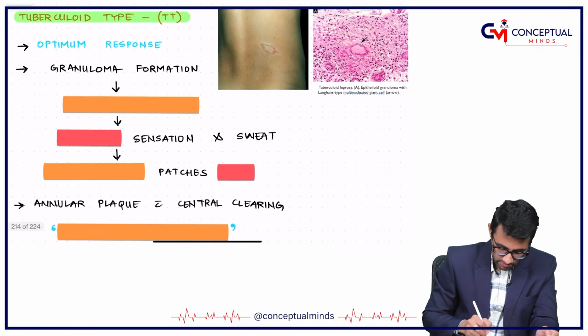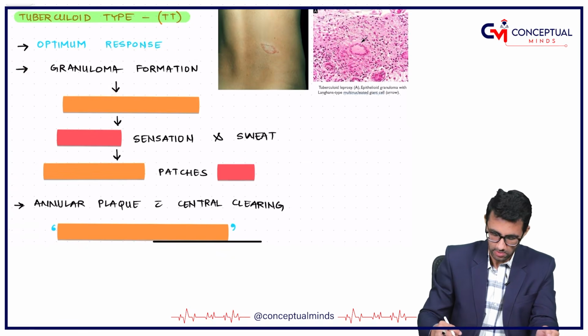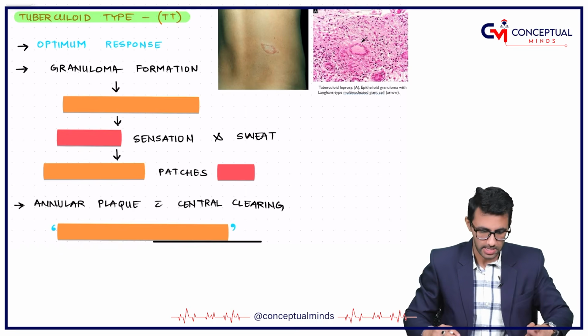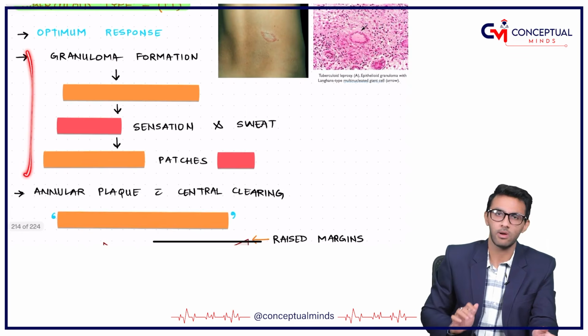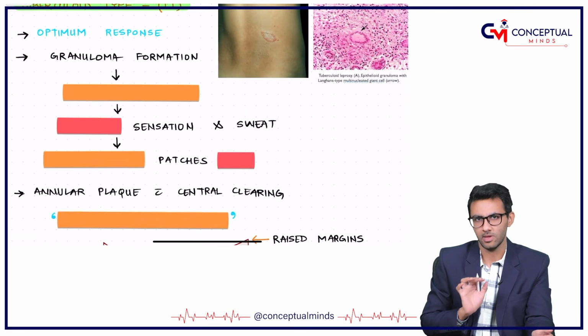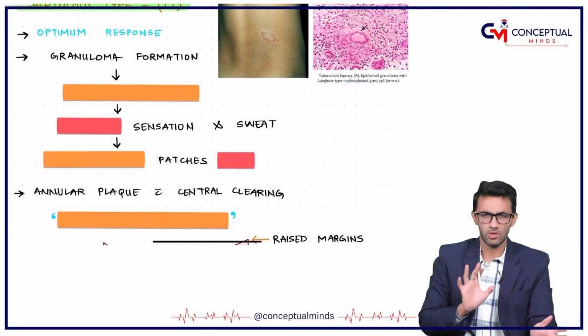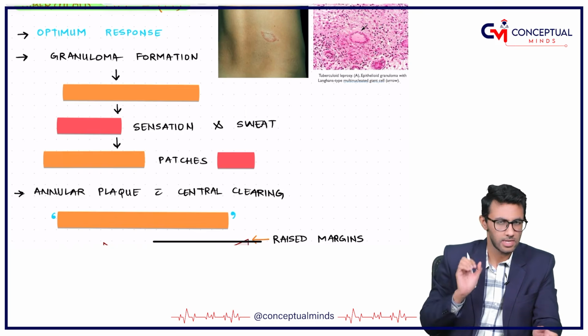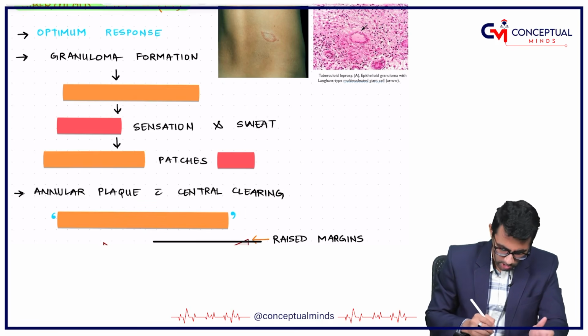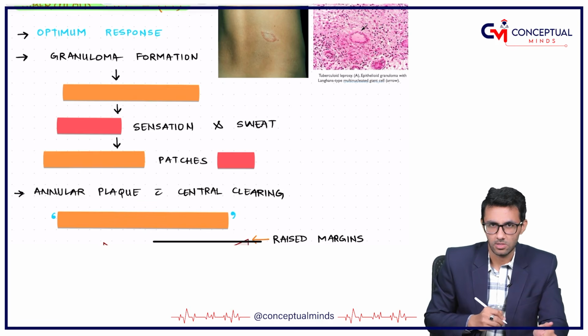Over here, yes, we would have granuloma formation, which is a very classical thing. These points are very important to understand the TT part. These 4 lines, if you understand, you are all good to go. What is actually happening here is granuloma formation, and because of that there is nerve compression.